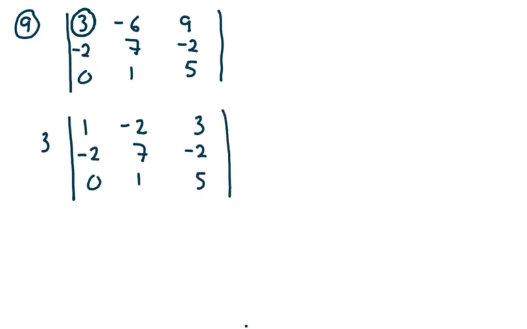Okay? Now, my goal is I want to put a 0 here using the first row, kind of like with regular row operations. So I'm going to take 2 row 1, add it to row 2, put the result back into row 2.